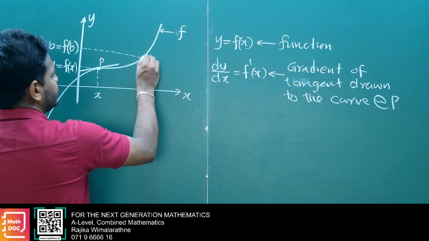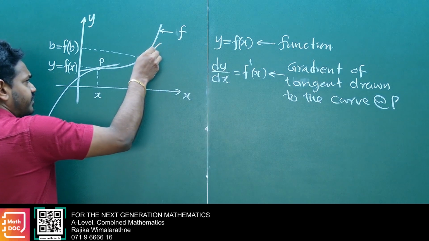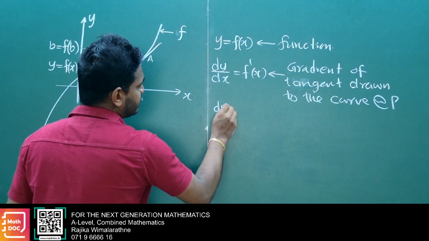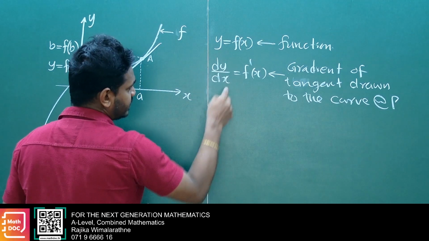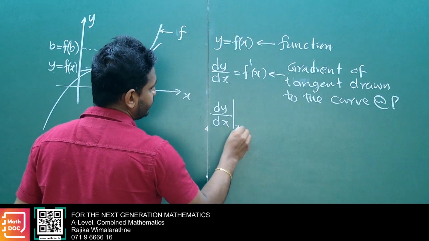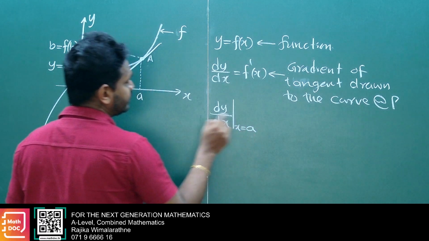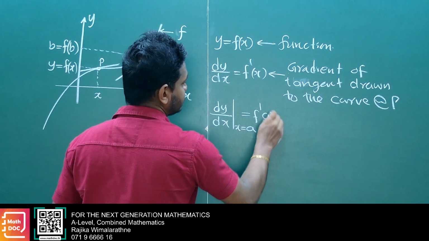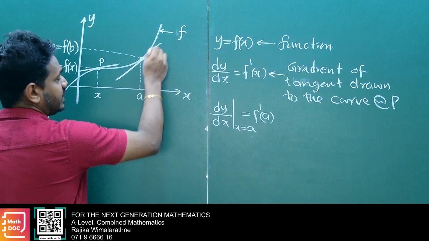Now, here if you consider a tangent here, then when you differentiate, here we have differentiated, no? dy by dx. When you substitute x equals a, here the notation x equals a, that represents f'(a). Here gradient at a.